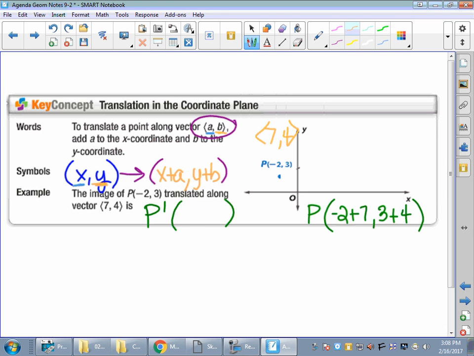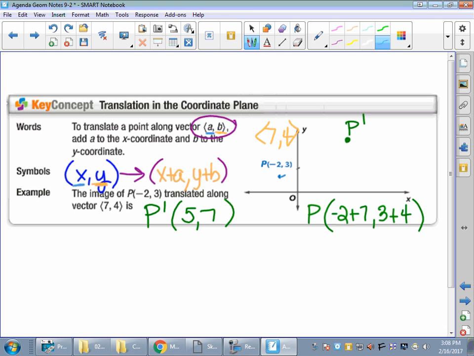So I know that point P prime is going to be at 5, 7. So I'm going to go over 5, about here, up 7, maybe around here, make that a P prime.